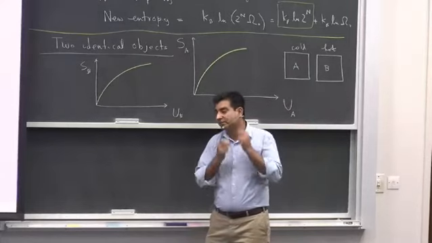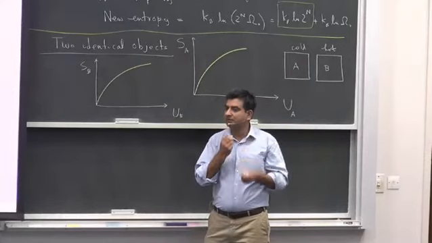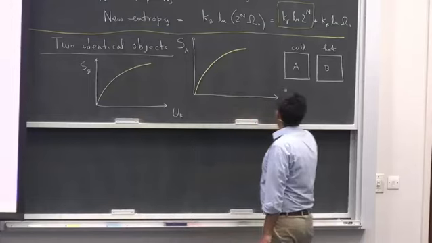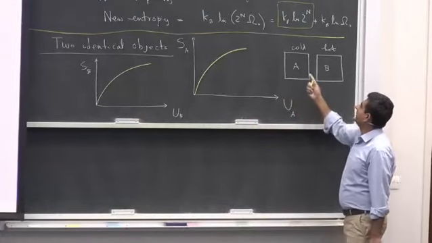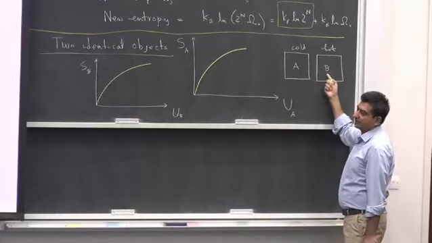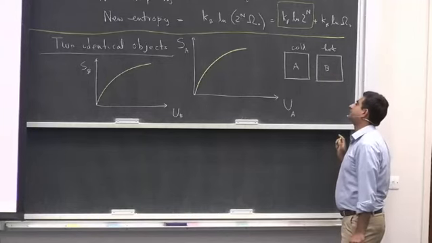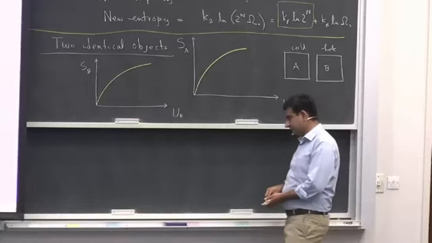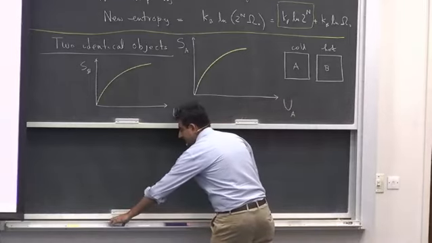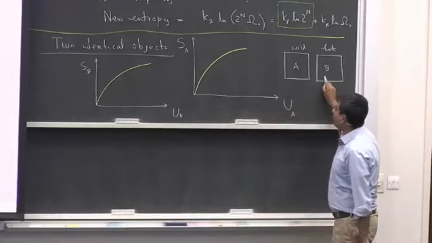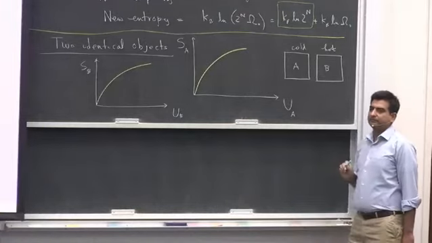Yes. The energy of object A is equal to the energy of object B? No. If this is hot, this has more internal energy. So this is a hot object, this is a cold object.